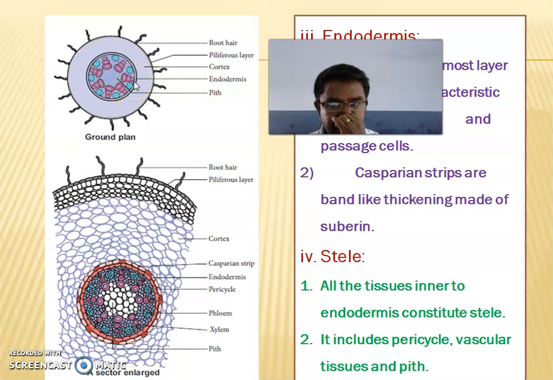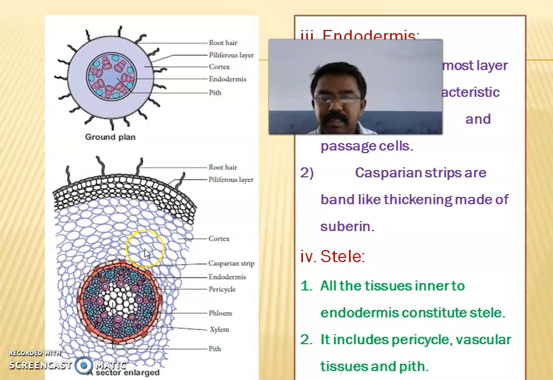It is the endodermis. The inner part is the pith. This is the microscopic structure: root hair, piliferous layer, cortex region, Casparian strips, endodermis, pericycle. See the phloem. And this region is called xylem. It is the pith, right?